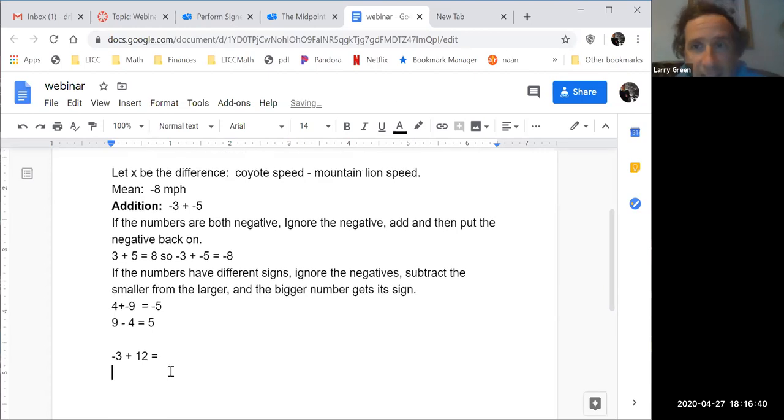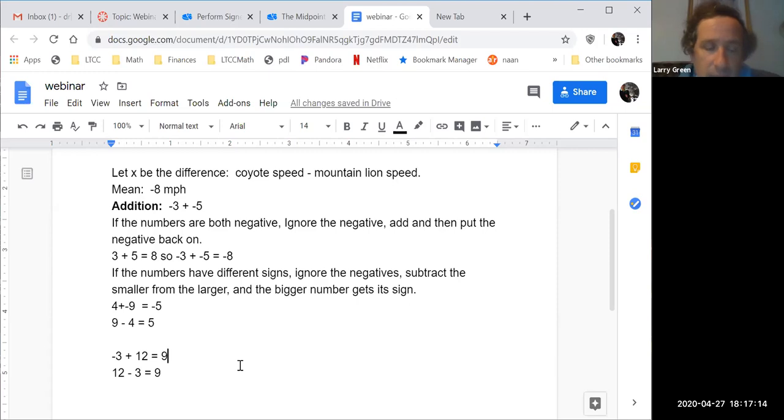So the first thing again is we say, let's do 12 minus 3. We do a subtraction. Notice one is positive, one's negative. That means we have to subtract. And 12 minus 3 is 9. Then we say, which is bigger, 12 or 3? 12 is bigger. The 12 was the positive number. So that means the 9 stays positive, and that's the answer. Any questions on this idea so far?